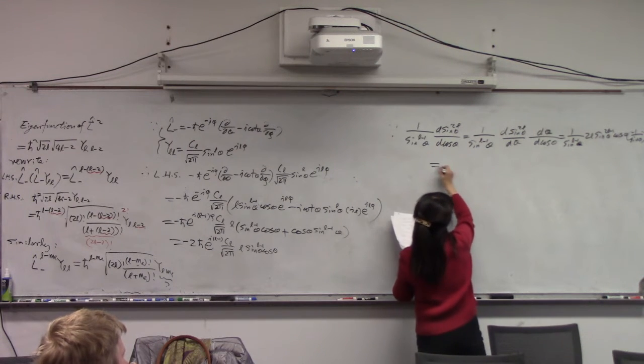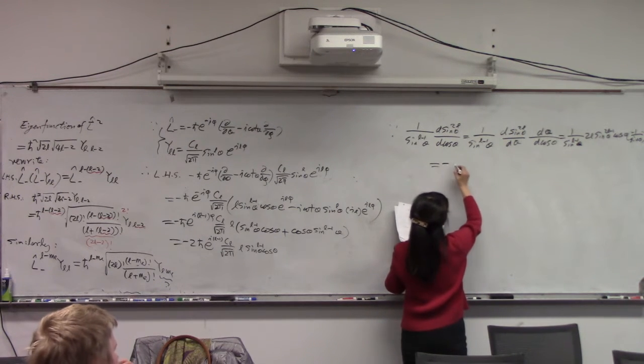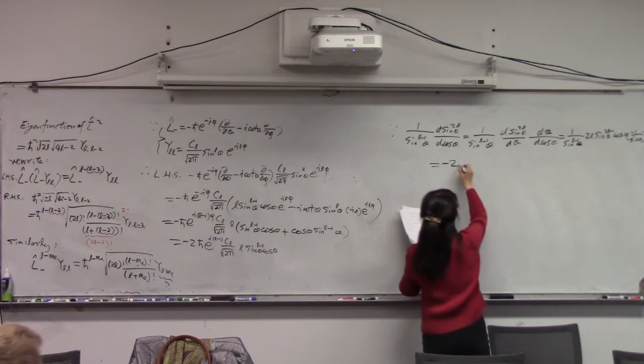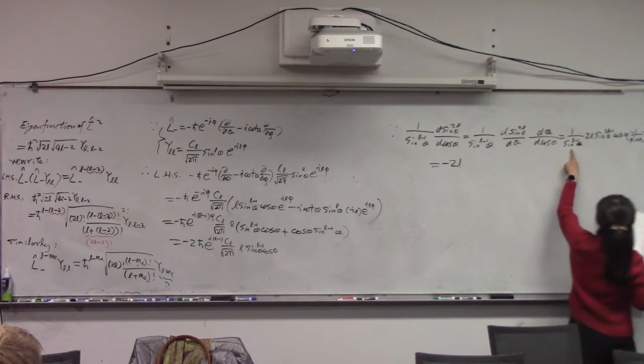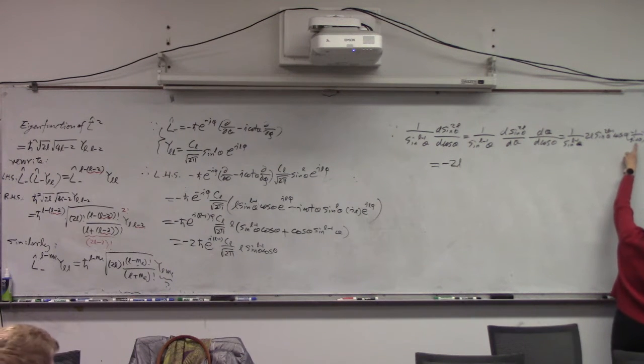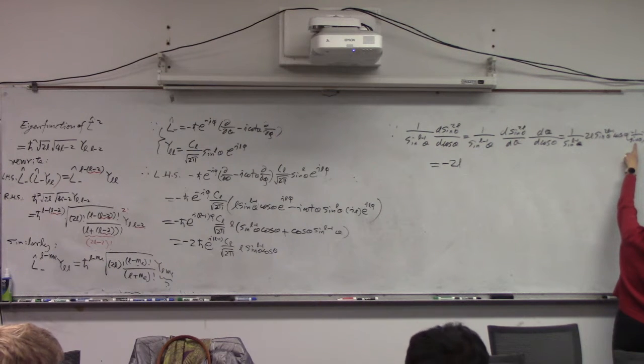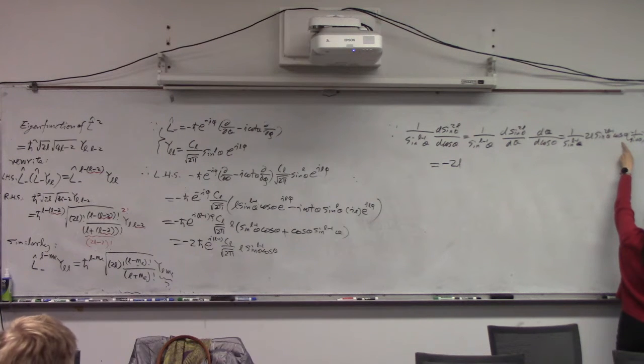Then we have a negative sign, so negative sign 2L here. This L minus 1, we have also this one, so that is L minus 2, cosine theta. Okay, so this one cancel, right?